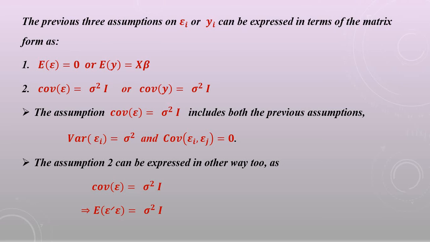The assumption can be expressed in another way also, as covariance of epsilon equal to sigma square I, which implies that expectation of epsilon prime epsilon equals sigma square I.